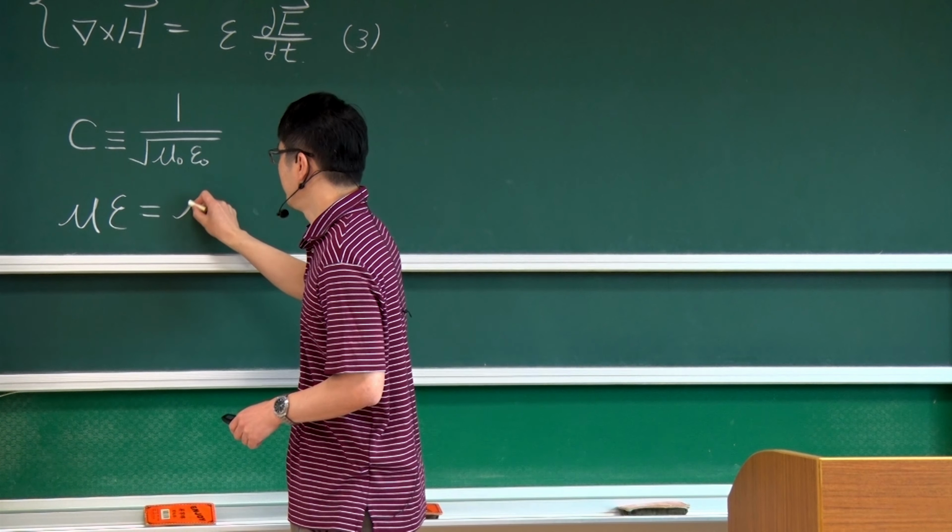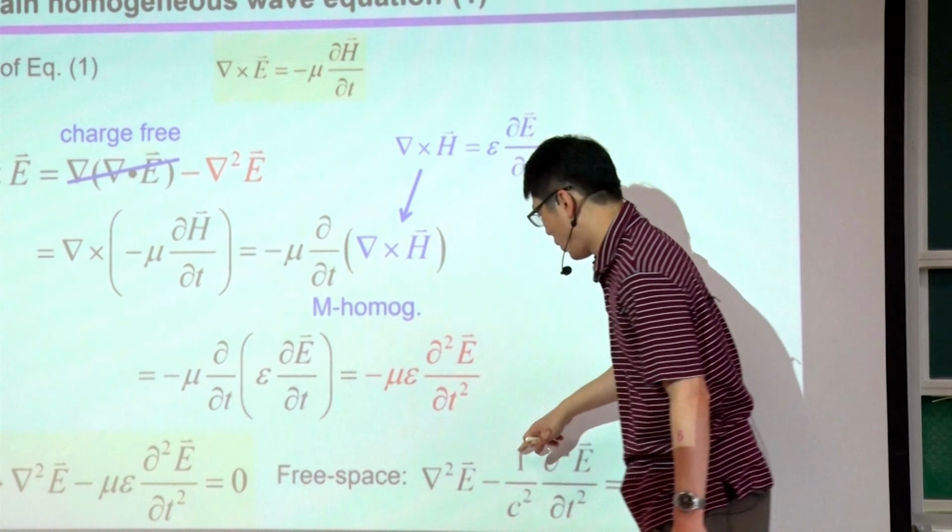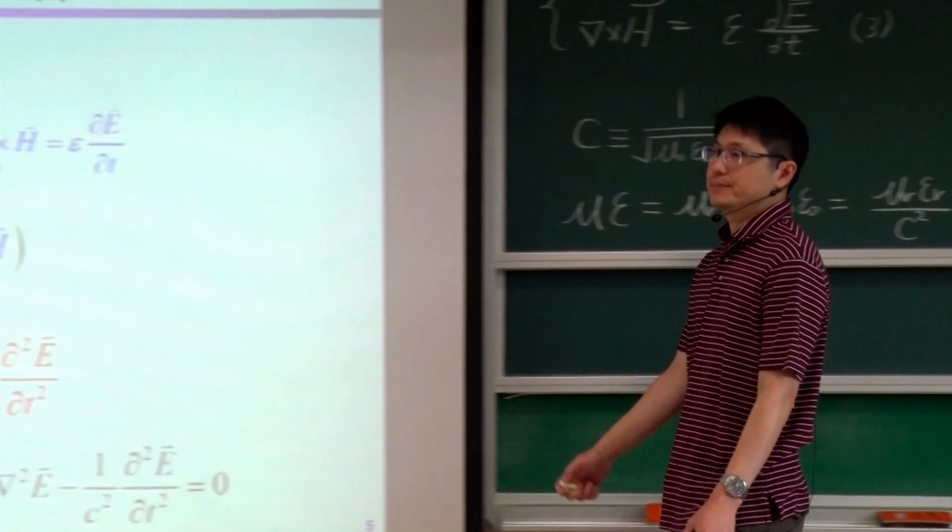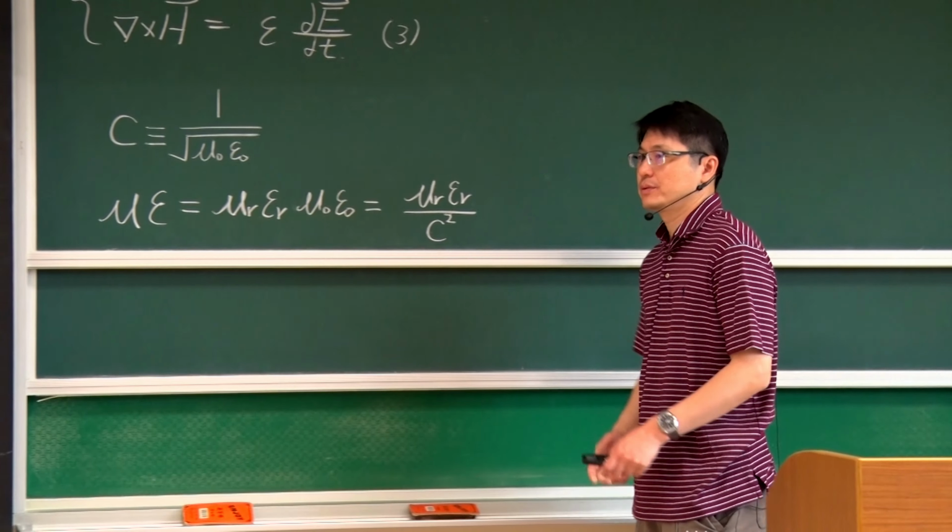But if now I want to convert back to vacuum, mu r equals 1, epsilon r equals 1, right? That's all. So this becomes 1 over c squared.